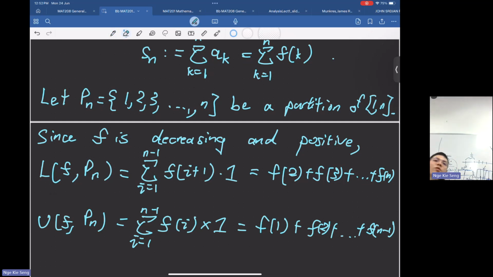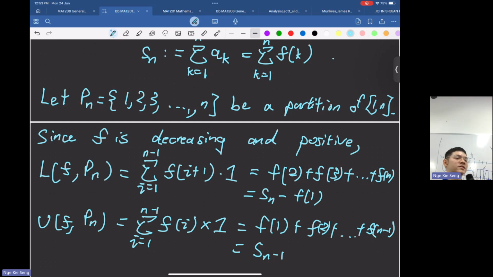So how does this compare to S_n? In the first case, this is really just S_n minus the first term, correct? The second one is f_1 up to f_{n-1}, so you add from the first term up to n minus 1. Does it make sense?